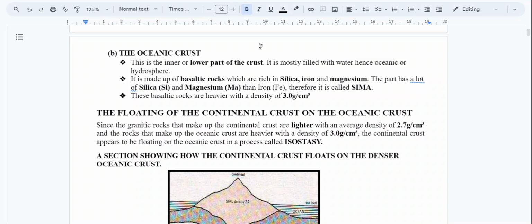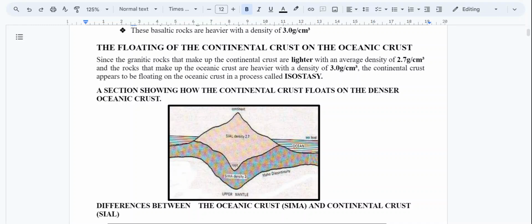It is made up of basaltic rocks, which are rich in silica, iron, and magnesium. Therefore, we call it SIMA. It has heavier rocks, with a density of 3.0 grams per cubic centimeter.